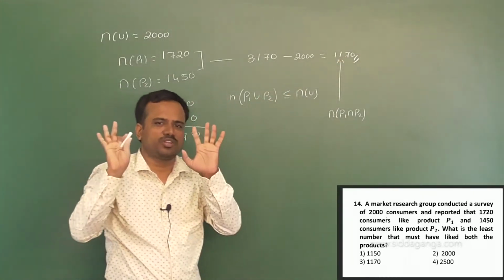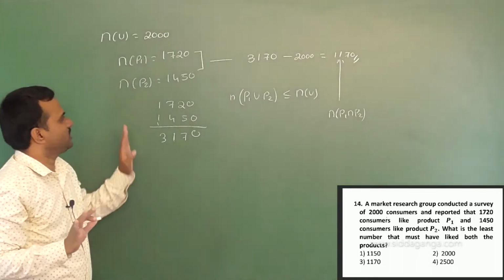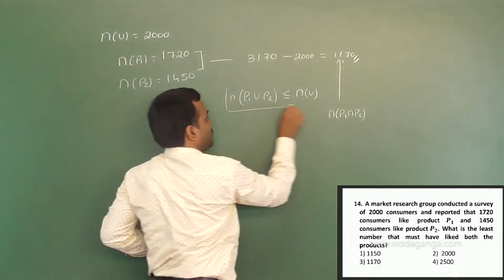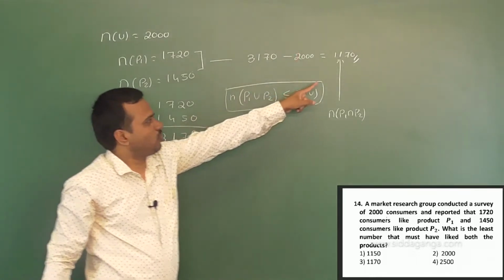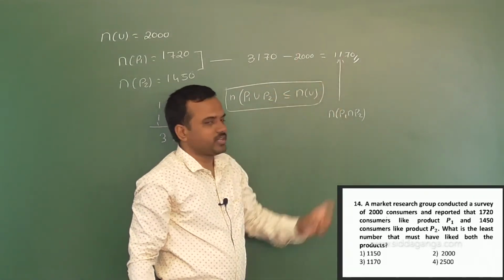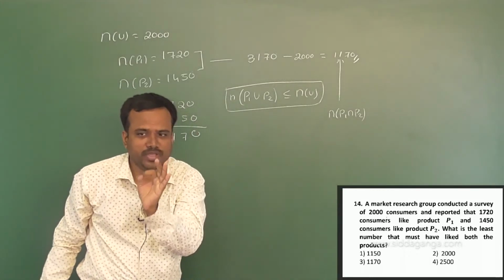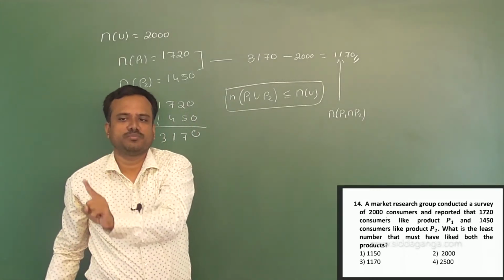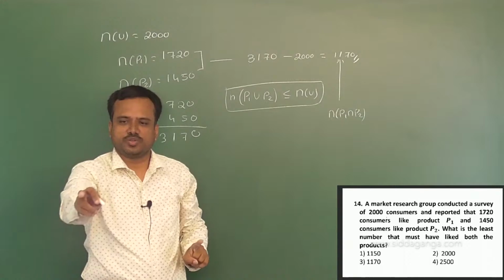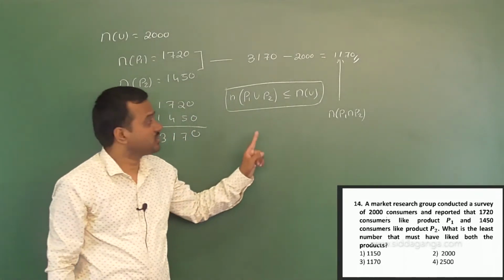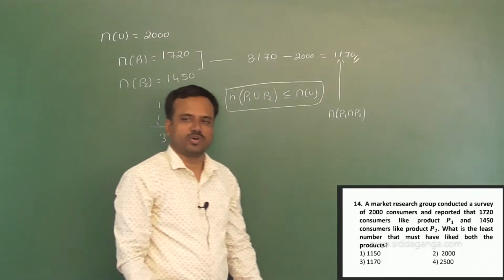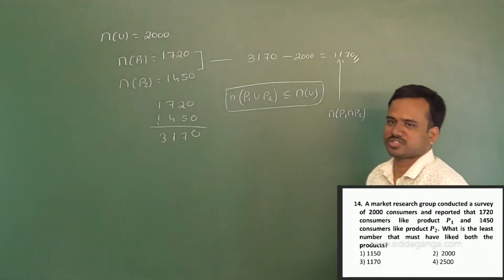But here we want only the answer, so I solve by using this simple condition. That's why I subtract 2000. What we are left with, 1170, is nothing but the common people who like the product P1 as well as P2. So for this question, the option is the third one, 1170. So understand? Next question.